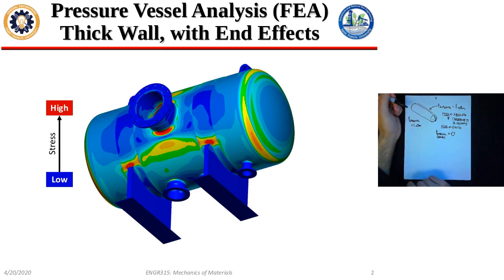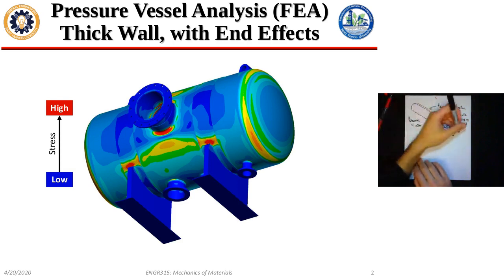Because what gauge pressure does is that it records a pressure difference between a sensed volume, like inside of the vessel, and the ambient pressure, what's outside of the vessel.